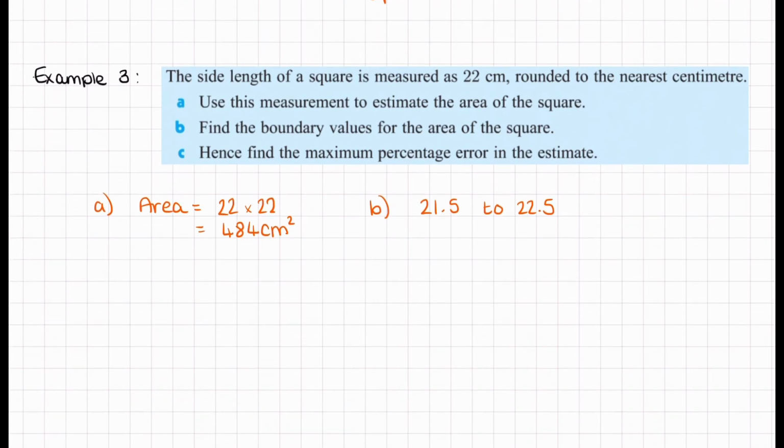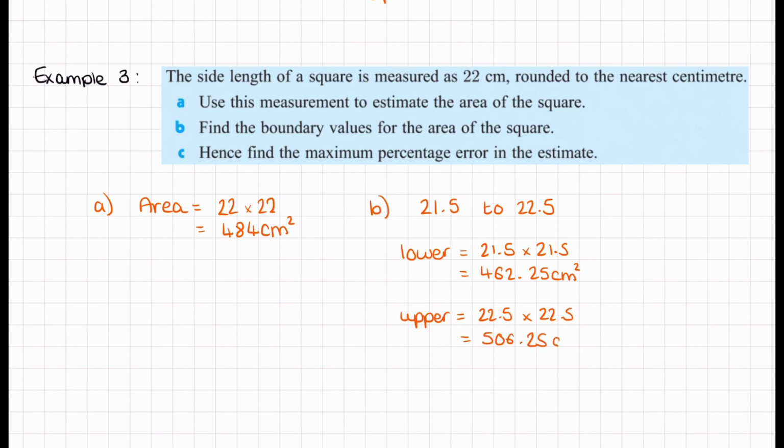The lower boundary of the area would be 21.5 times 21.5, which is 462.25 centimetres squared. And the upper boundary would be 22.5 multiplied by 22.5, which gives us 506.25 centimetres squared.